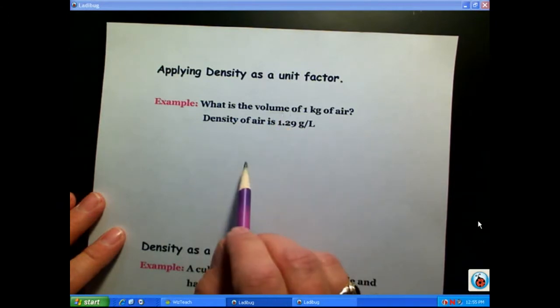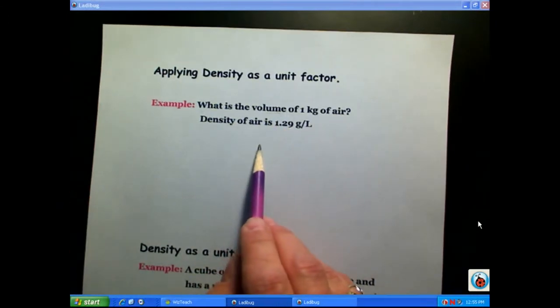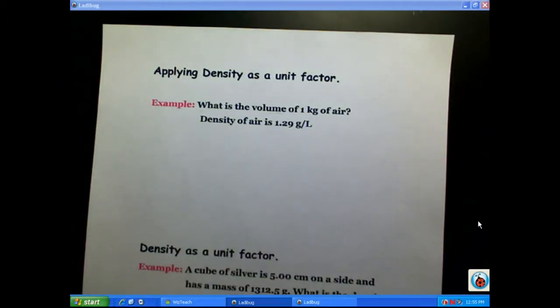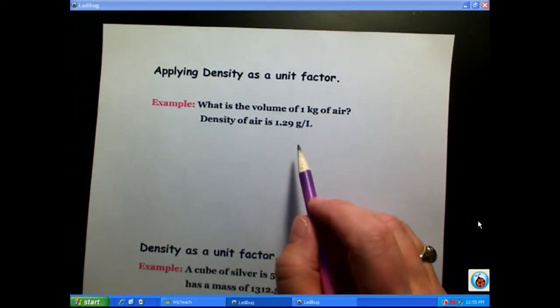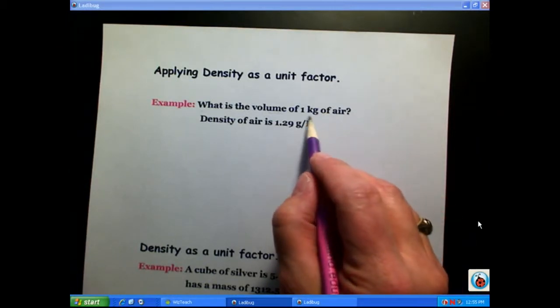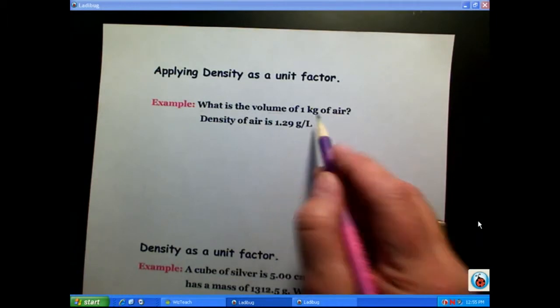So we'll be solving for the volume, and they give you a mass of air and the density of the air as 1.29 grams per milliliter. It mentions in the book that we want our density represented in units of grams per milliliter. So we'll have to convert these kilograms to grams.